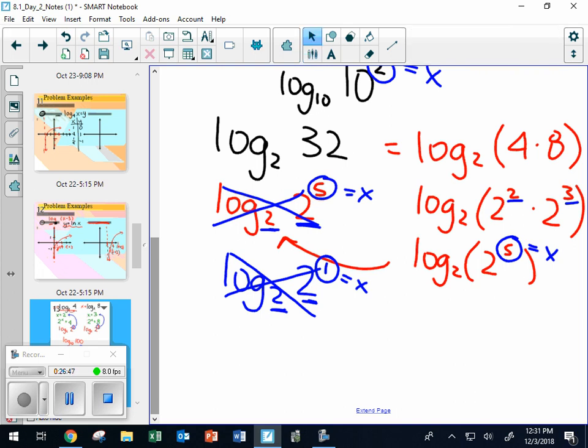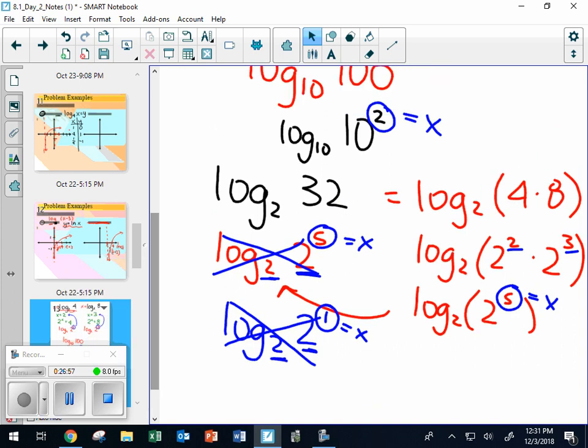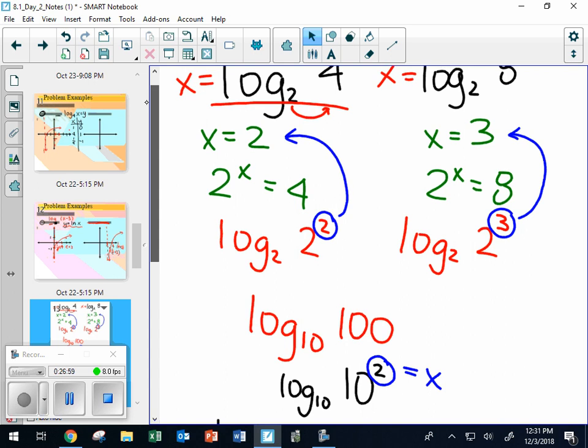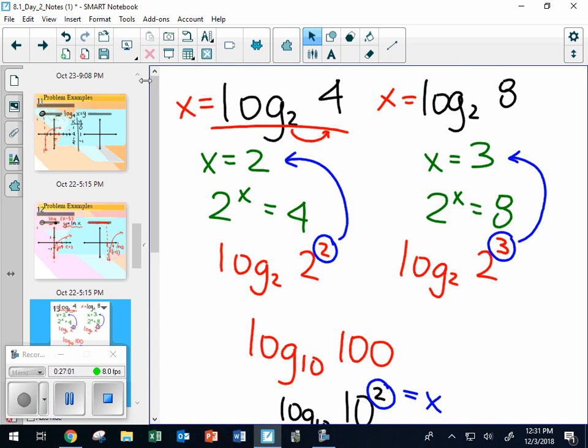Wait, hold on a sec. So we found that if you get here log base 2 of 4 times 8, you'll end up with 5 as your answer. If we go back up here, and we just looked at the log base 2 of 4, and we looked at log base 2 of 8, we got 2 for this answer, and 3 for this answer. And if we add them together, what do we get? 5?